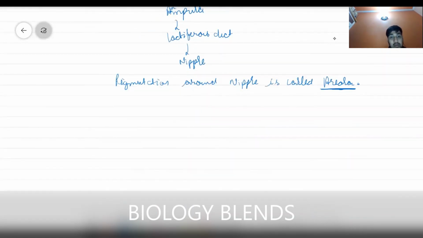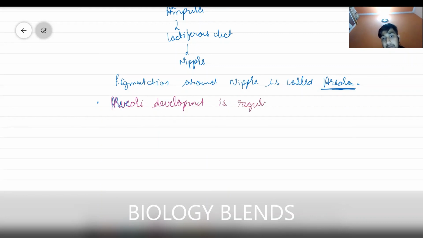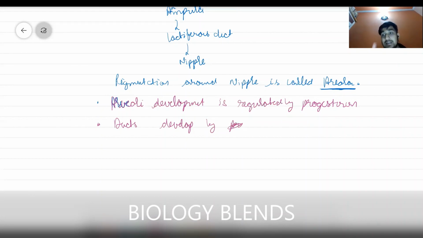So here are the factors. Alveoli development is regulated by progesterone. Ducts are developed by estrogen.